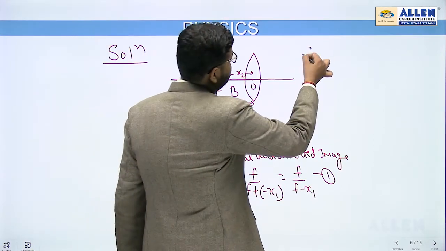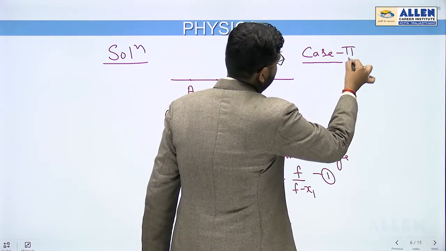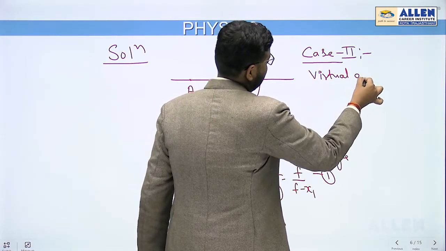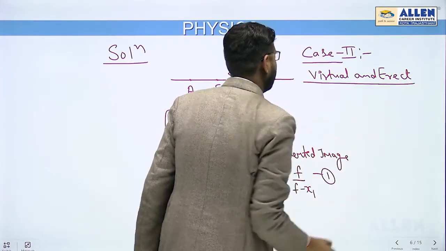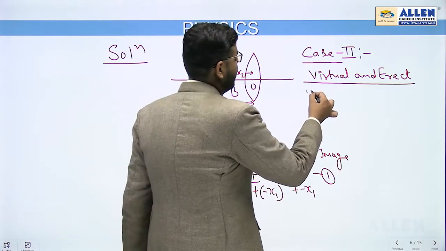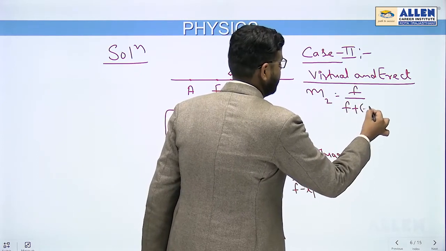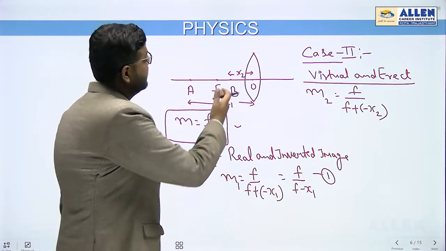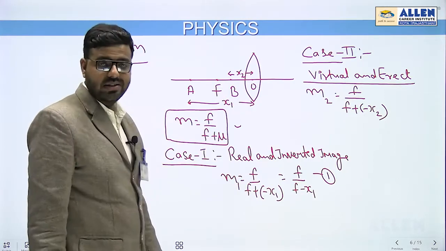In the second case, when the image is virtual and erect, again applying this formula for magnification, that is m equal to f by f plus u, we can write m2 is equal to f by f plus minus x2, since the virtual image is formed when an object is placed at position B. For position B the object distance is x2.